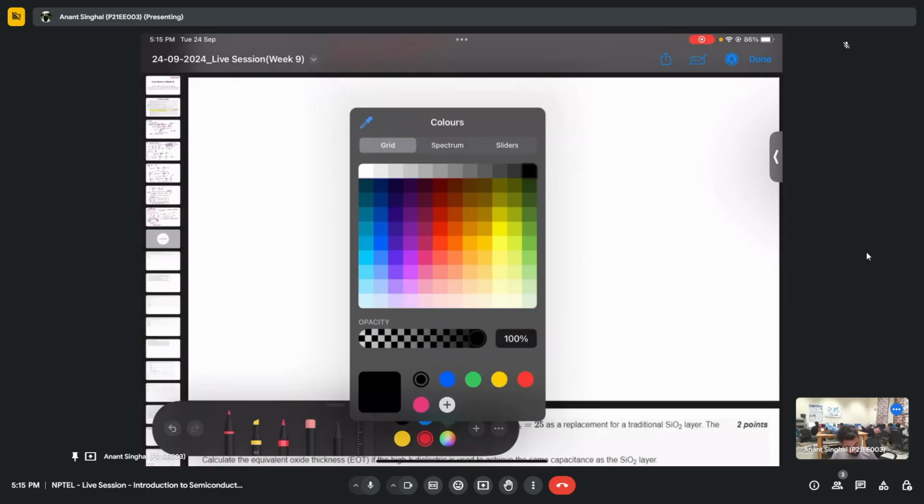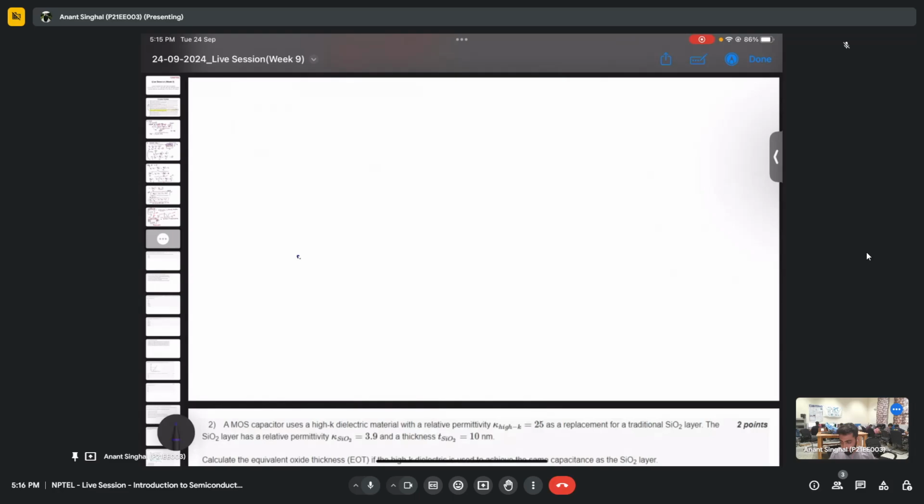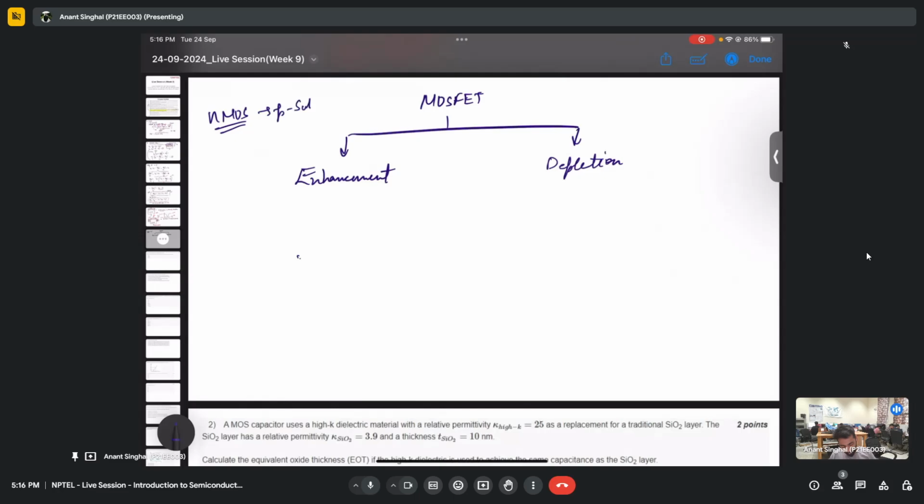So this is the difference of a MOSFET. MOSFETs are also of two different types: one is the enhancement MOSFET and one is the depletion MOSFET. Let me take the basic difference based on the NMOS structure only, in which we have a P substrate, because that is easier to understand since we have done all the derivation based on that.